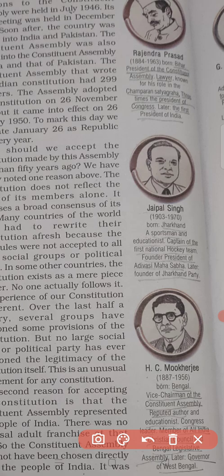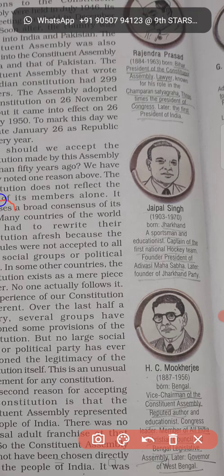He had been the three times president of Congress. Later the first president of India. Questions can arise regarding Rajendra Prasad: who was the first president of India, and who was president of the Constituent Assembly.